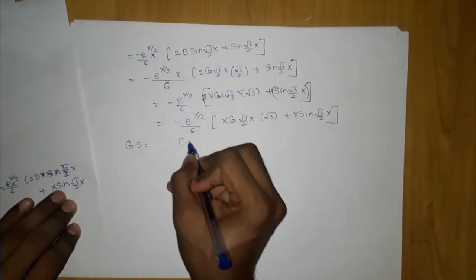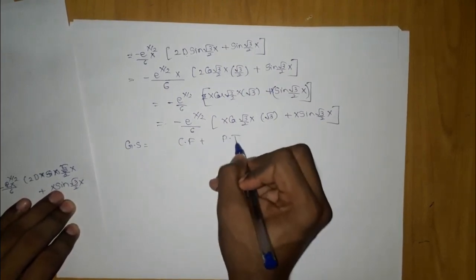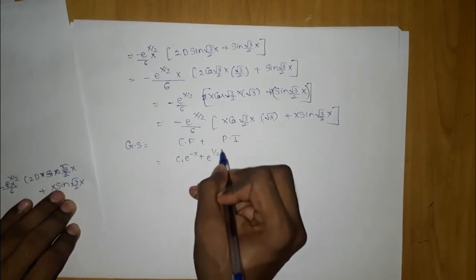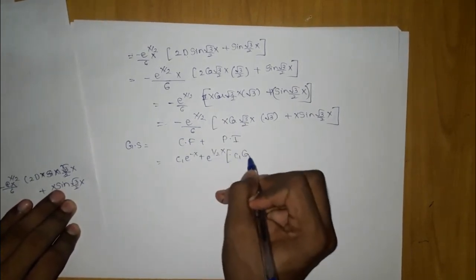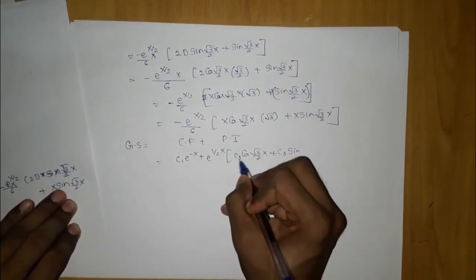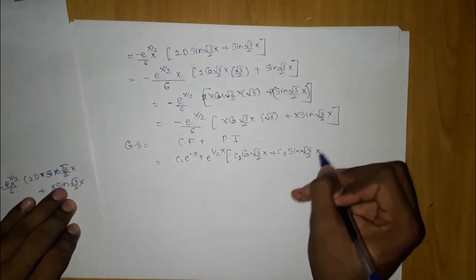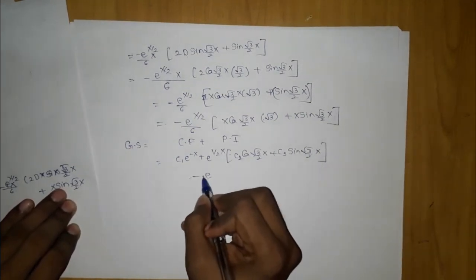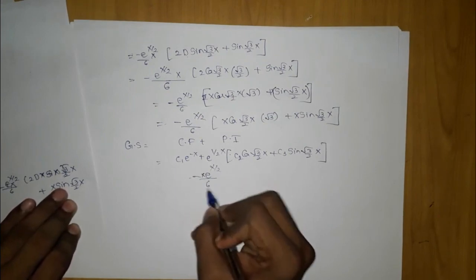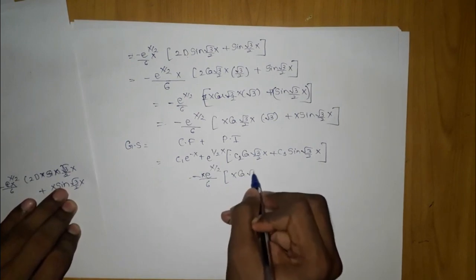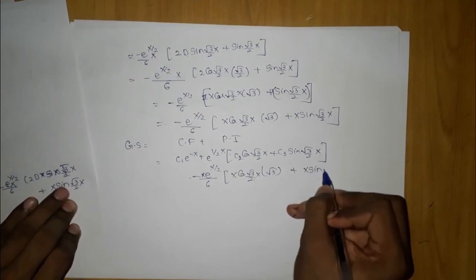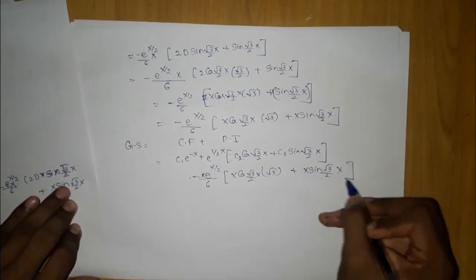General solution is complementary function plus particular integral, which is nothing but c1 e to the power minus x plus e to the power x by 2 into c2 cos root 3 by 2x plus c3 sin root 3 by 2x, bracket close, minus e to the power x by 2 by 6 into x cos root 3 by 2x into root 3 plus x sin root 3 by 2x. So this is our final answer.